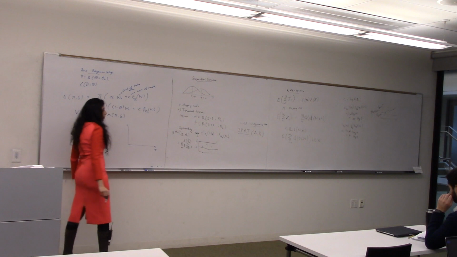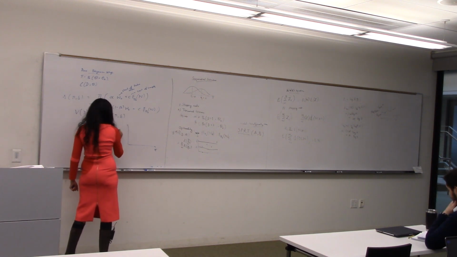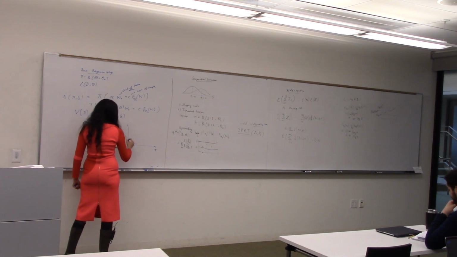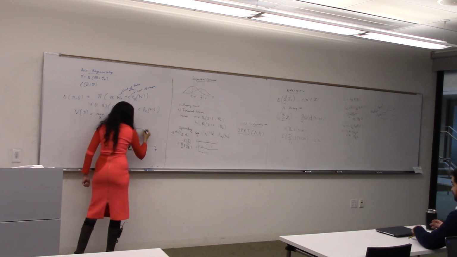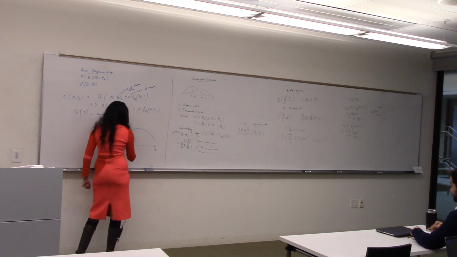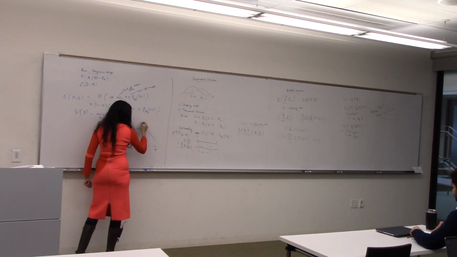So let's say this is the pi, and then I have the Bayesian risk. Let me first make some observations here. The Bayesian risk will be something of this form. Let me first draw this, and I'll say in a minute what it is. So this is the line.